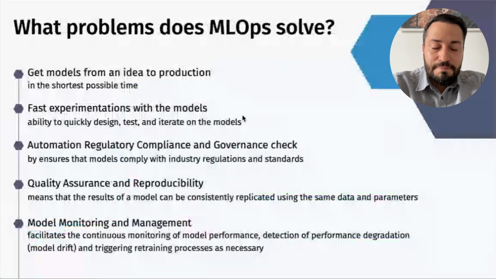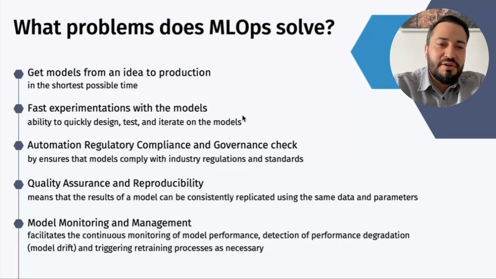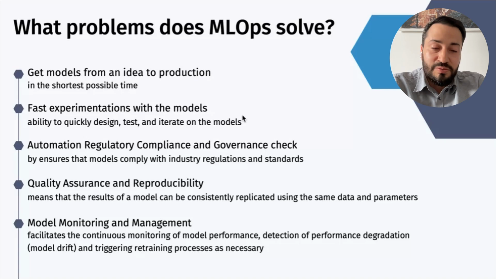So, okay, to sum up, what kind of problems does MLOps solve? First of all, it helps us to get a model from an idea to production in the shortest possible time. This is one of the major advantages, but not the only one. We can also do fast experimentation with the models, because we are all the time faced with different changes as our business needs evolve.